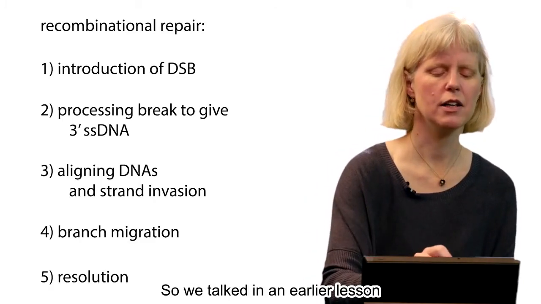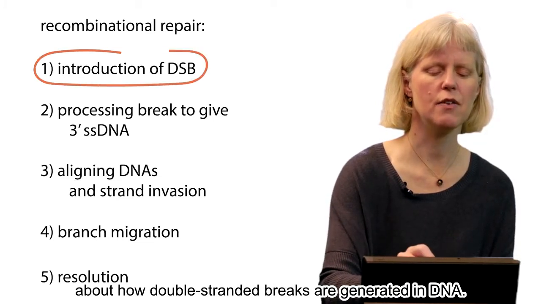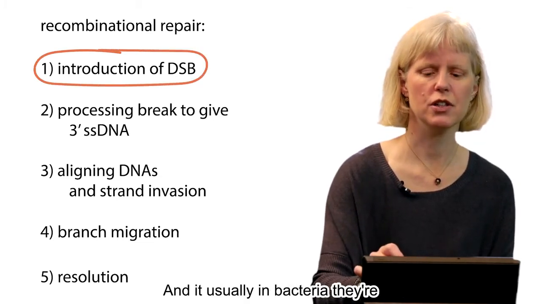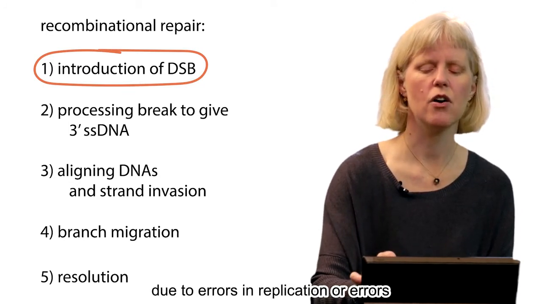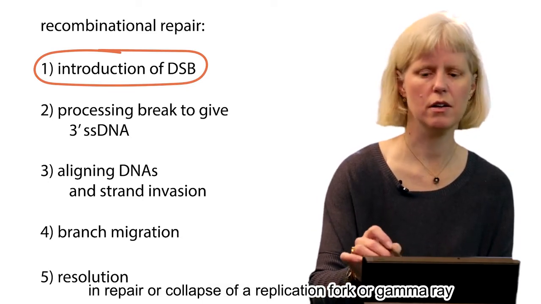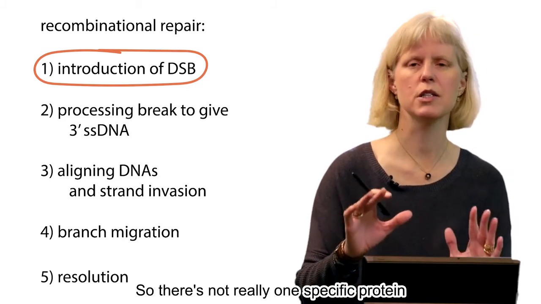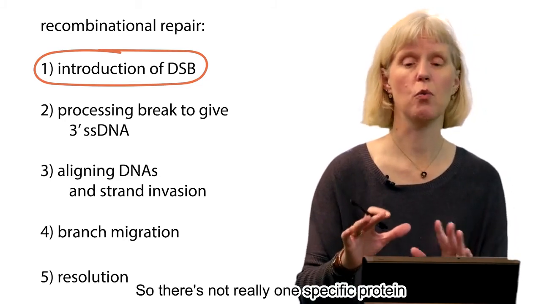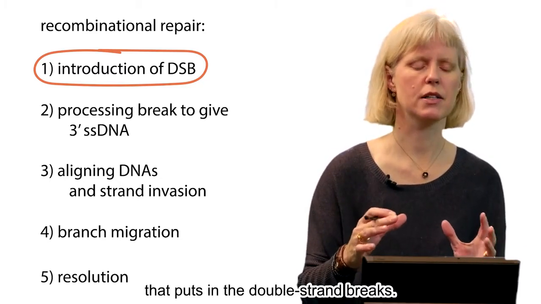So we talked in an earlier lesson about how double-stranded breaks are generated in DNA, and usually in bacteria they're due to errors in replication or errors in repair or collapse of a replication fork or gamma ray irradiation. So there's not really one specific mechanism or one specific protein that puts in the double-strand breaks.